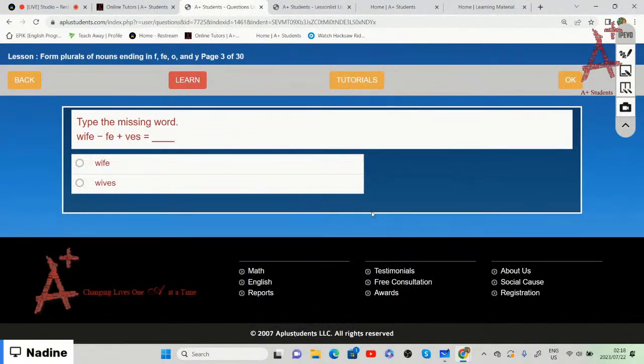All right. Wife plus VES. We say that if the word ends in F or FE, then we are going to drop the F and E, or replace the letters FE, and we're going to add VES.